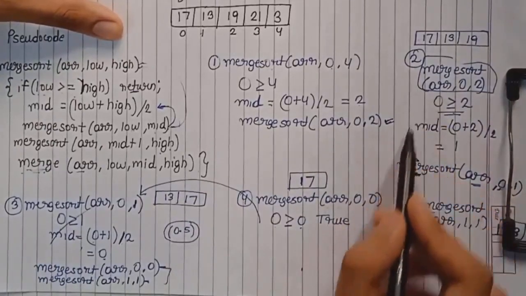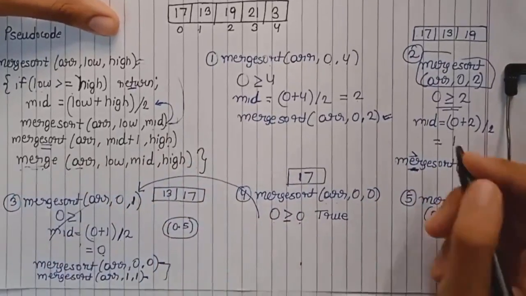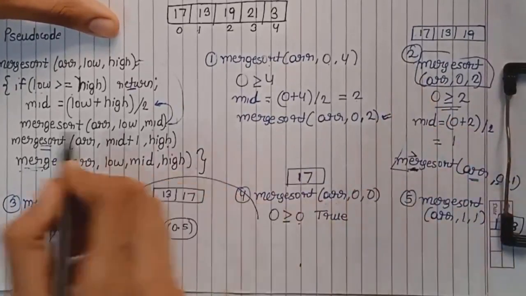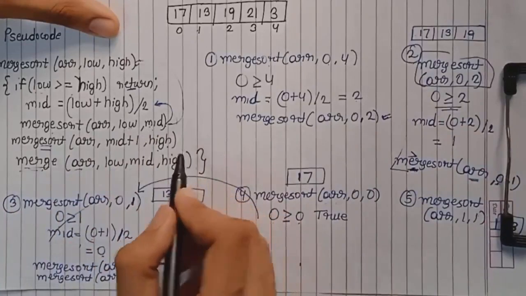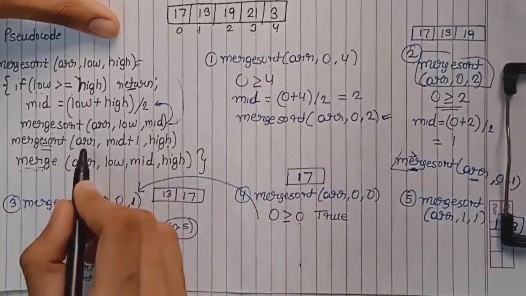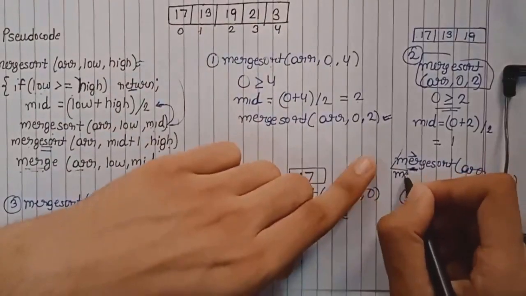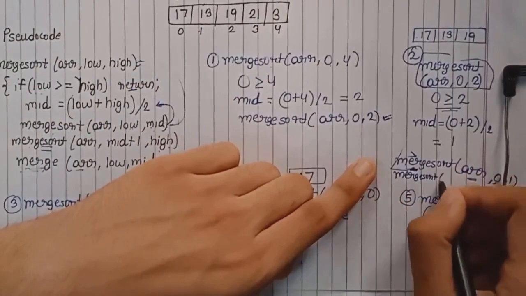And in this merge sort function, the next step is this. As you can see that earlier in this function we were at the step merge sort array low and mid, and now after this the next step is merge sort array mid plus 1 and high. So the call will be merge sort array.